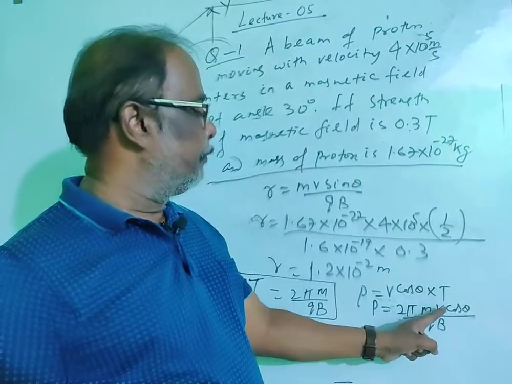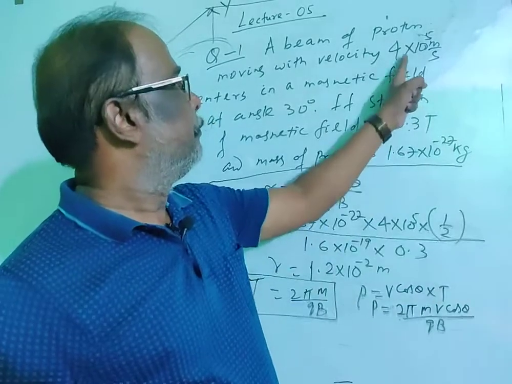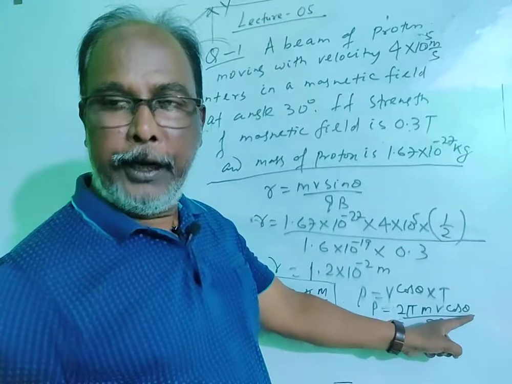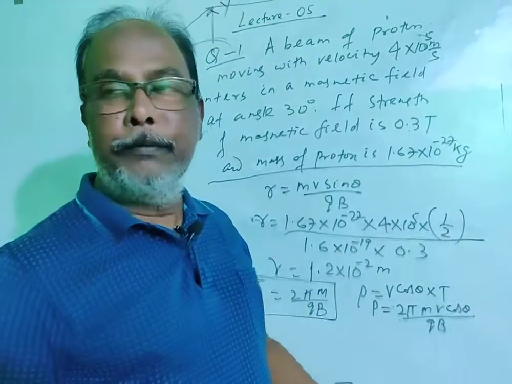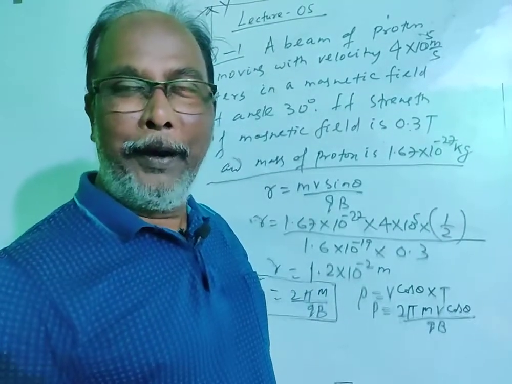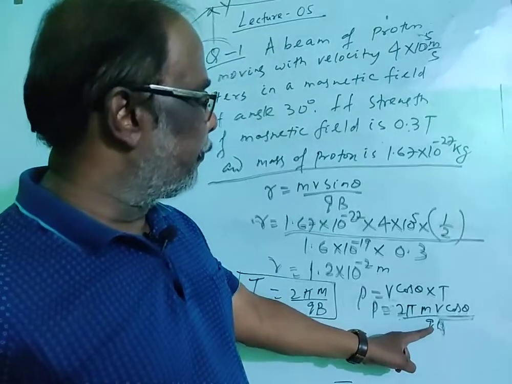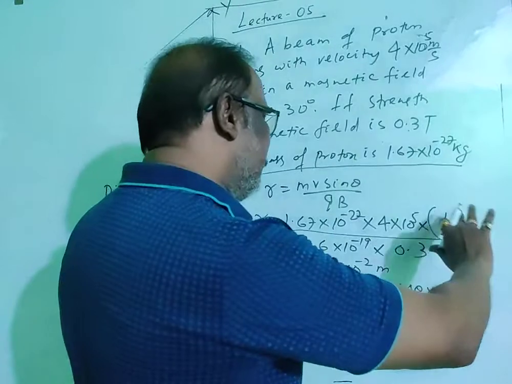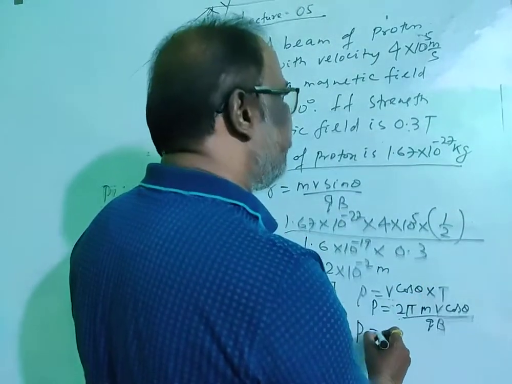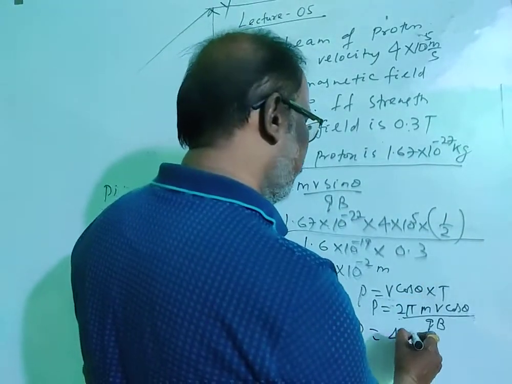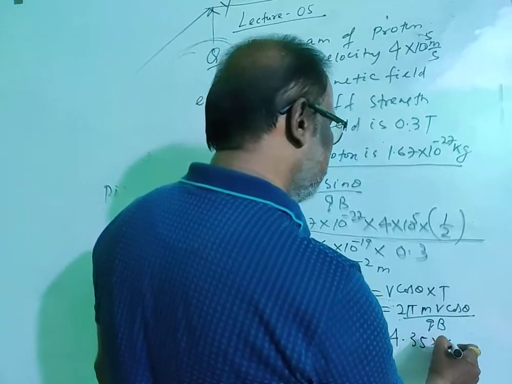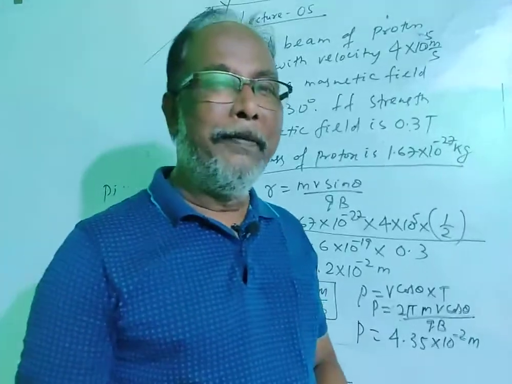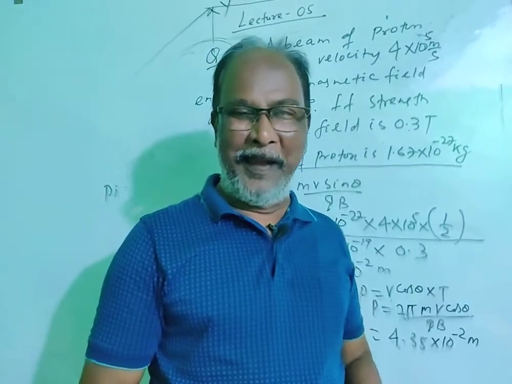Mass of proton, speed 4 into 10 to the power 5, cos 30 degrees, cos 30 you know, root 3 by 2, and charge of proton, B is magnetic field 0.3, and putting all these values you will get pitch is equal to 4.35 into 10 to the power minus 2 meter. You can solve it easily. You are intelligent, you are talented.